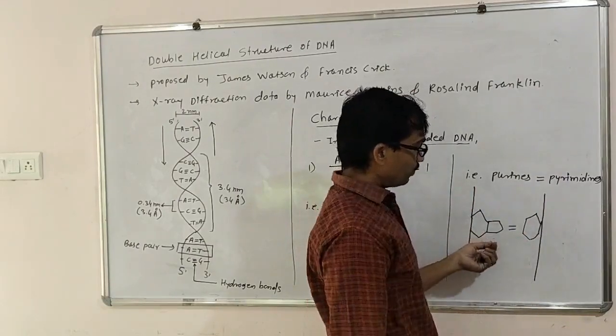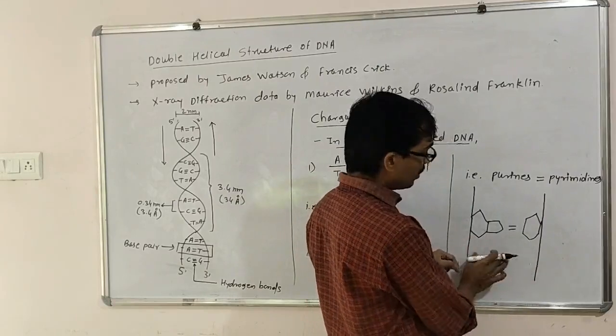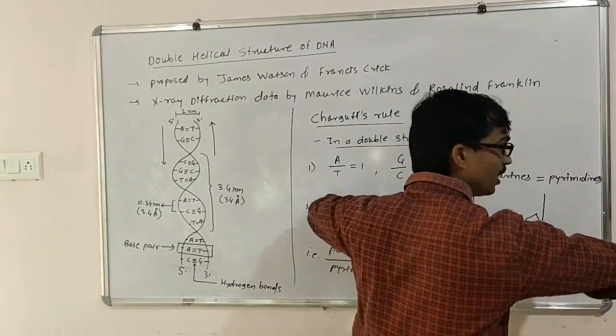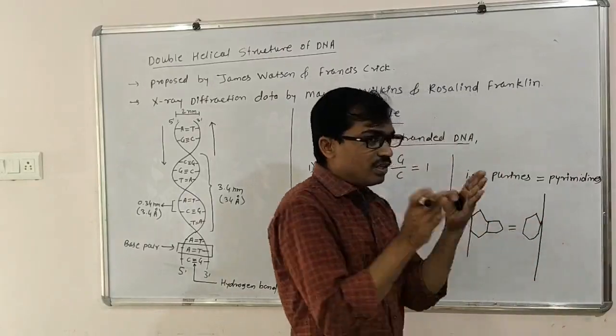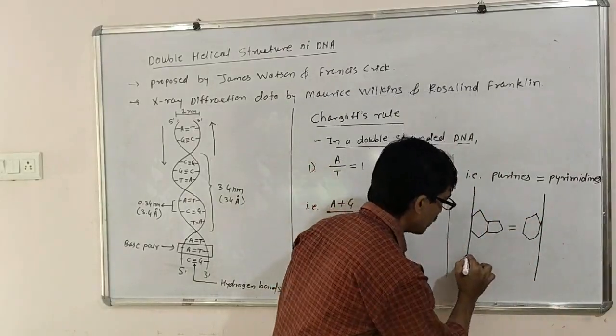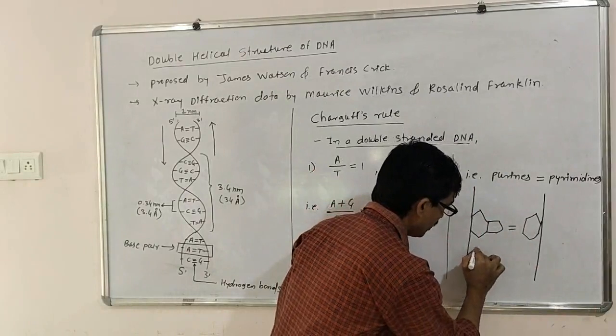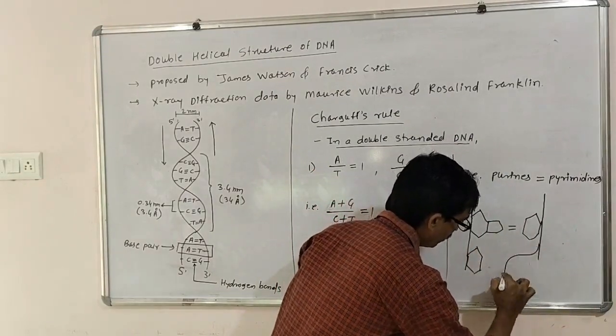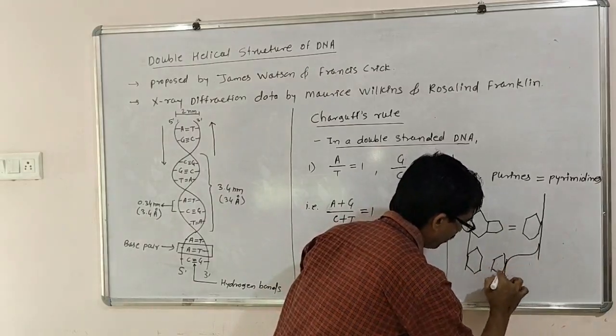So if a purine base pairs with a purine, then there will be 4 rings and the width of the DNA will extend. If 2 pyrimidines are present in front of each other, for example like this, they are only single ring structures, then in that case the width of the DNA will decrease.